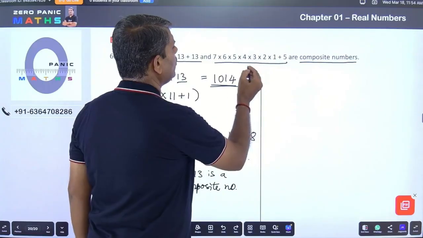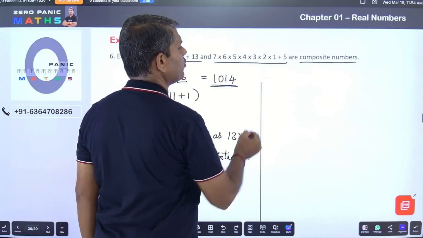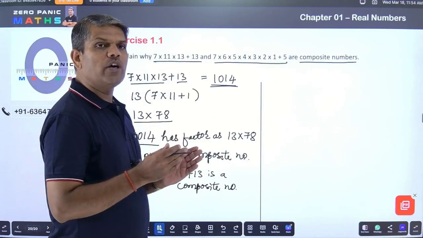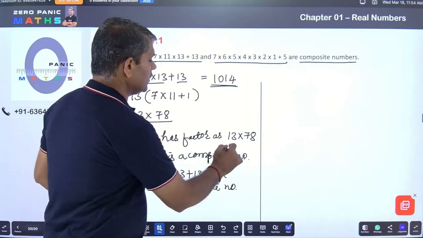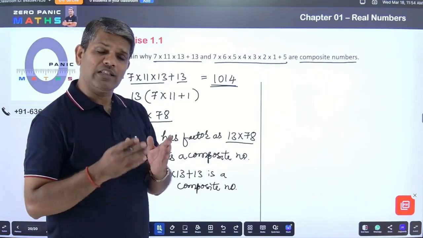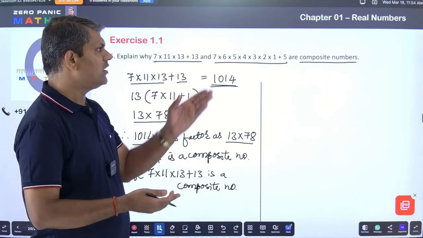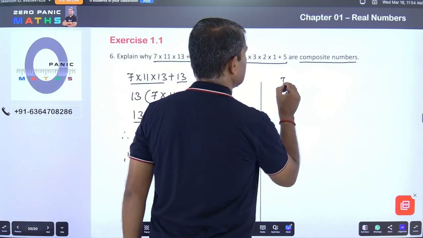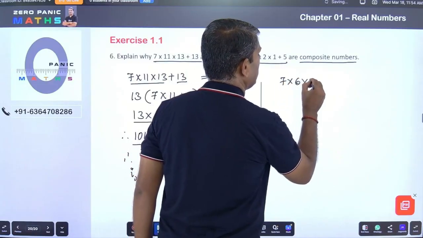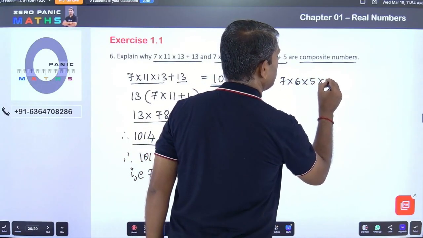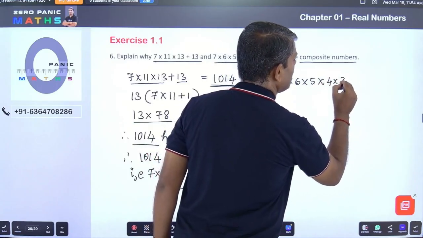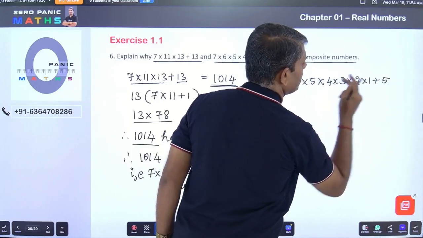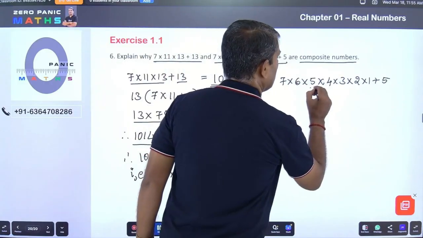We need to first find out the value of 7 factorial plus 5, and then we need to prove that it can be represented by some factors other than that value and 1 itself, so that we can prove that it is a composite number. So let us write 7 multiplied by 6 multiplied by 5 multiplied by 4 3 2 and 1 plus 5. Let us take 5 as common.